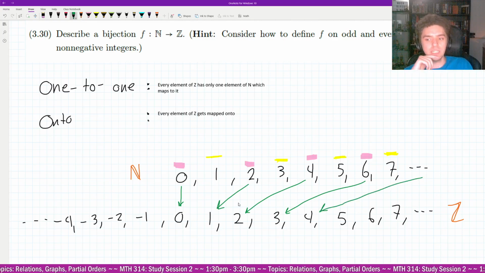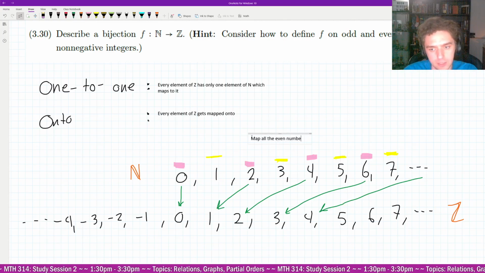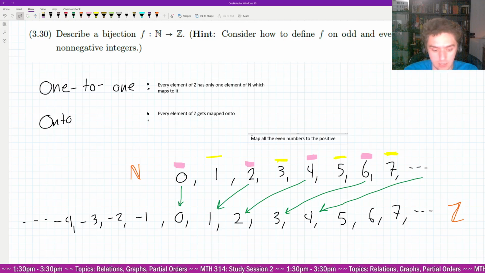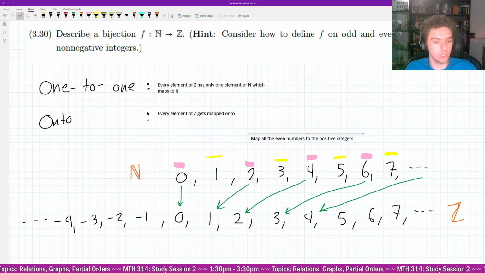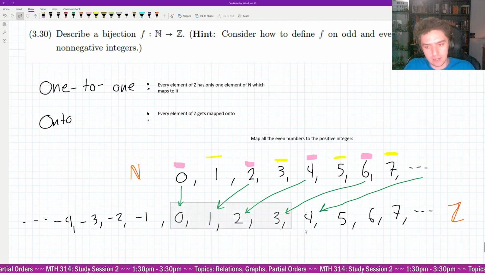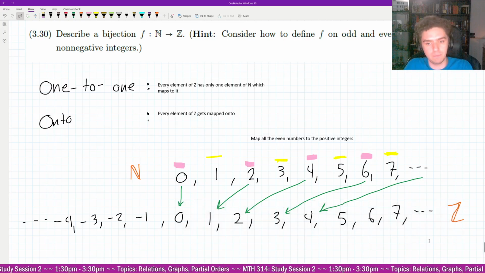And so using this, we've essentially mapped all the even numbers to the positive integers. Okay? I still have half of the natural numbers to work with to deal with all the negative ones. But what I've done is all of the positive integers are being mapped onto now. How exactly?